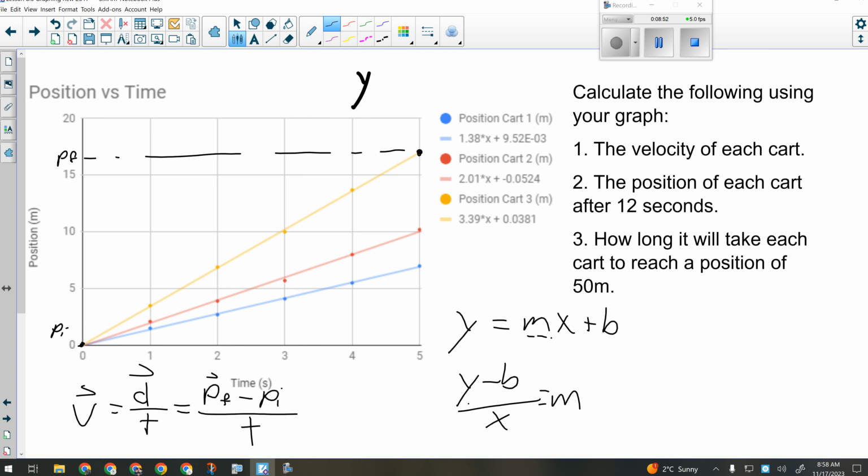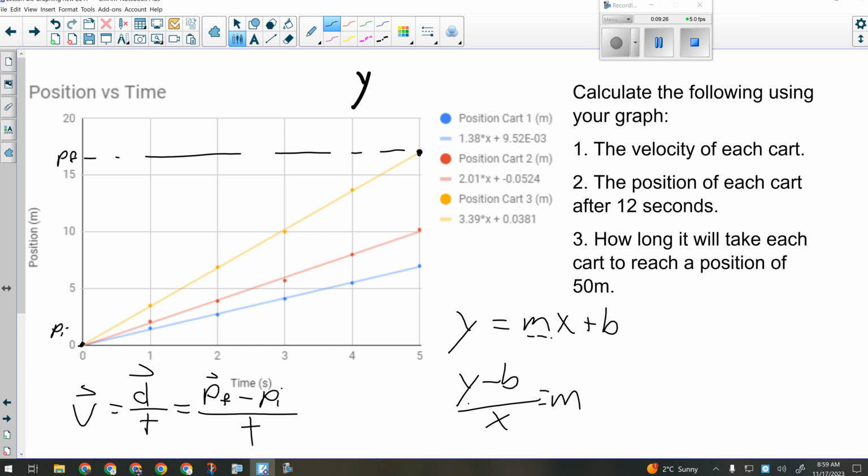Most of the formulas that we use are in some way, shape, or form derived from a graph. This is just the first example of one. Does everyone follow the relationship between these two? Okay, so that's one of the skills that we have to develop in physics, to be able to analyze a graph and say, this graph is showing me where the object is at various points in time, its position versus time, and it's also going to allow me to calculate some other things.